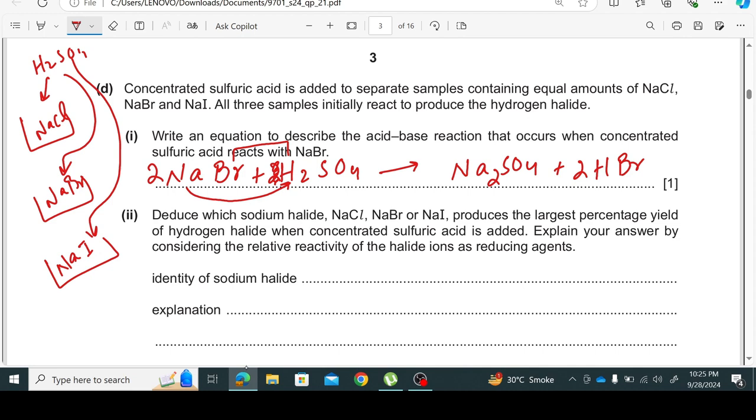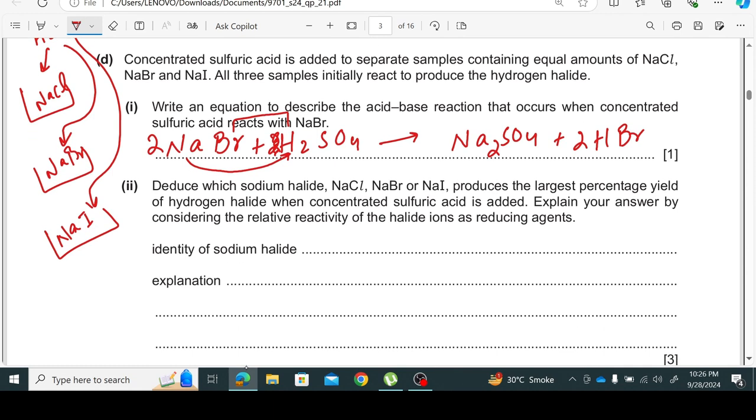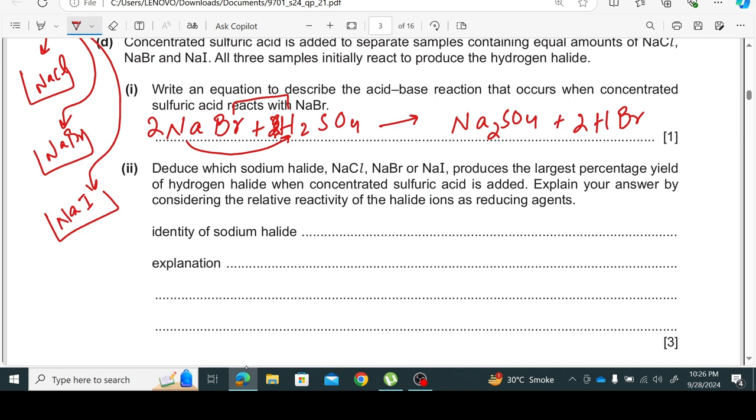Deduce which sodium halide, NaCl, NaBr or NaI, produces the largest yield of hydrogen halide when concentrated sulfuric acid is added. So H2SO4 is an oxidizing agent. In chemistry, we use sulfuric acid as an oxidizing agent. And the identity of the sodium halide, which one?